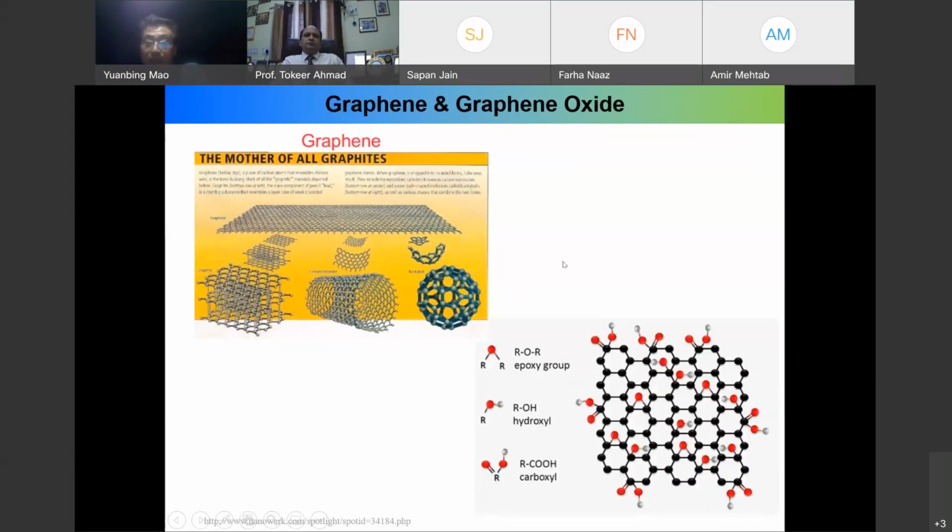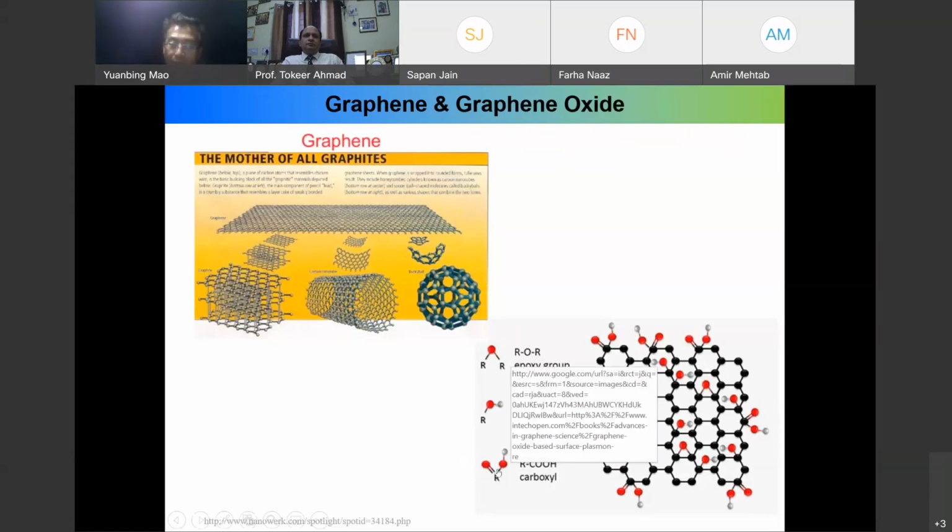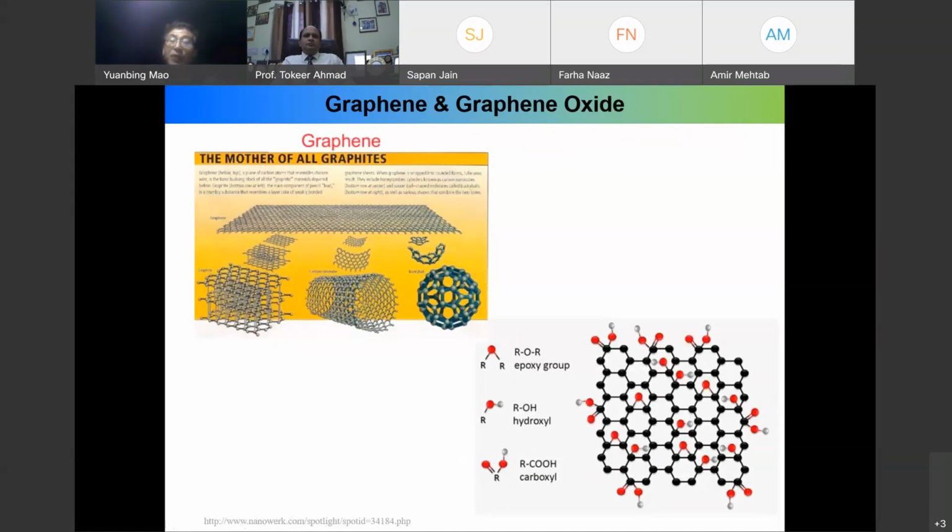The most important thing is the reduced graphene or oxidized graphene has a lot of surface functional groups, on the surface or on the edges. Epoxy groups, hydroxy groups and carbonyl groups could be greatly useful for further functionalization by metals, by other groups. So that's why graphene could be nice.